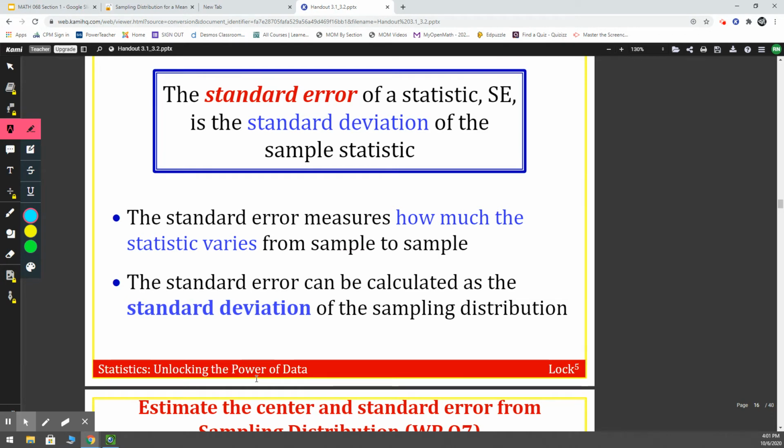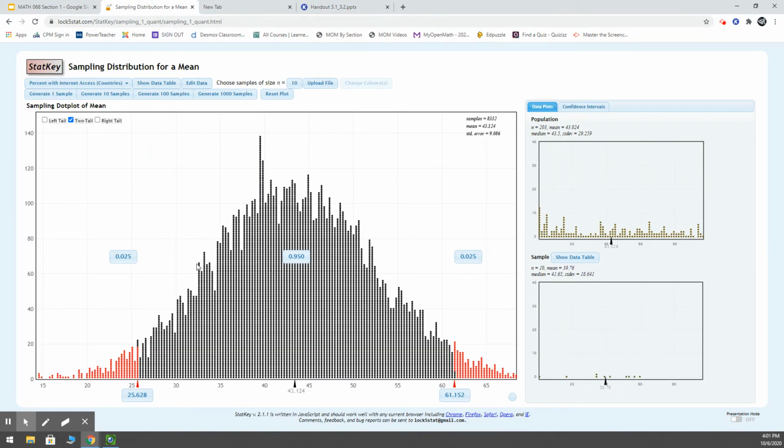The standard error measures how much the statistic varies from sample to sample, and the standard error is calculated as the standard deviation of the sampling distribution. Again, it's the standard deviation of all these dots when we distribute them. Okay, the standard deviation truly takes place here. The standard error here is the distribution of these, and it can be read right from this data.